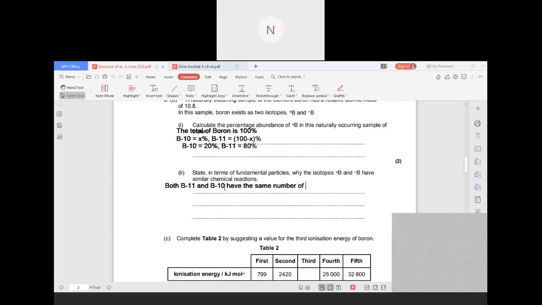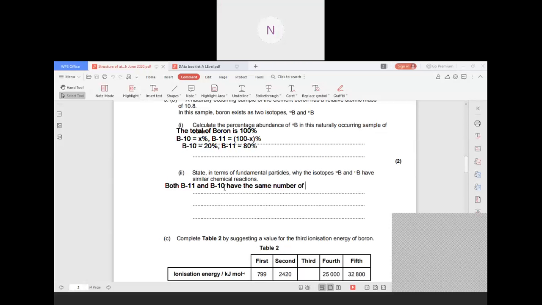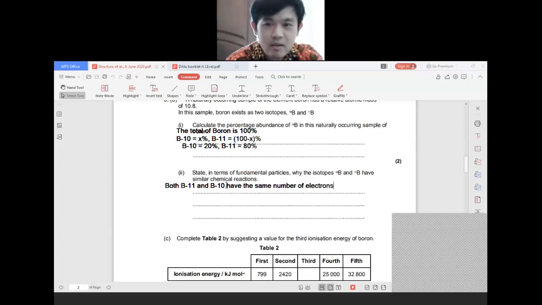They have the same physical and chemical property. Protons and electrons, same number of protons and same number of electrons.